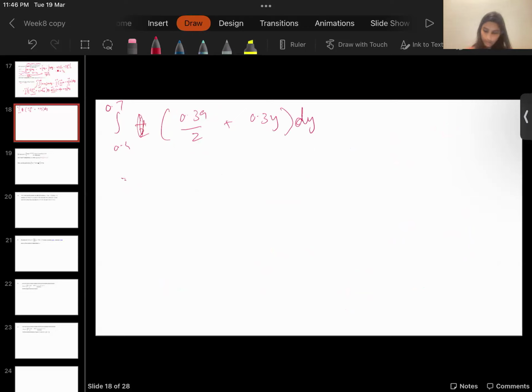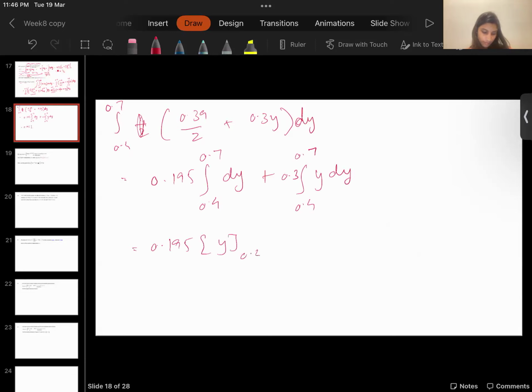So this can be written as, what is 0.39 by 2? 0.39 by 2 is 0.195. 0.195, 0.4 to 0.7 dy, plus 0.3, you can write it here, y dy. So 0.195 into y, 0.4 to 0.7, plus 0.3 into y square by 2.